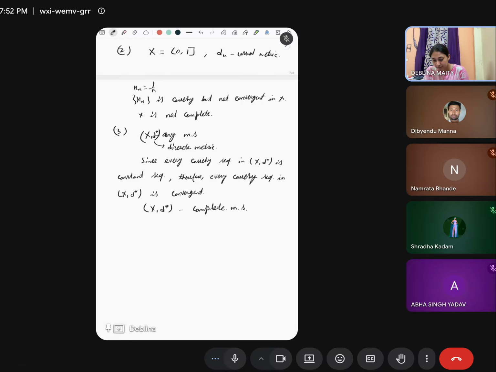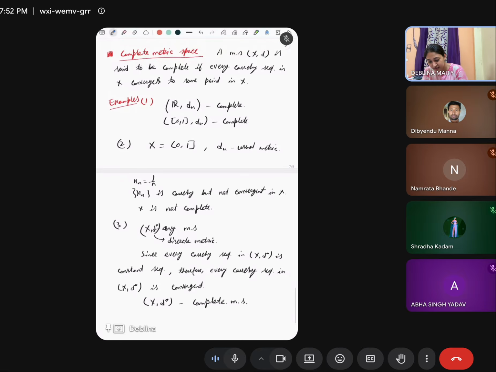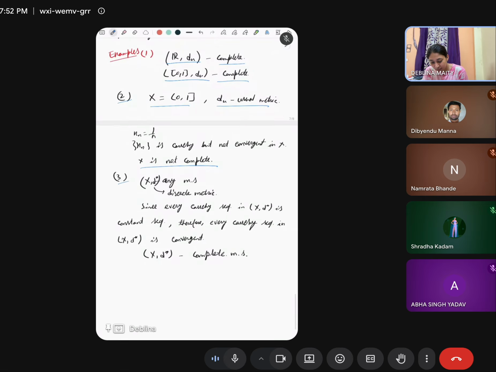So first we have taken R with the usual metric and [0, 1] with the usual metric, both are complete. In the second we have taken (0, 1] with the usual metric, which is not complete. And in the third we have taken X, any metric space with the discrete metric, which is always complete.